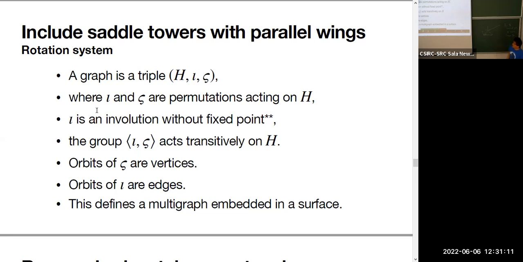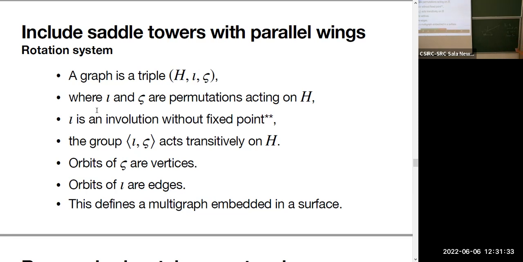So that's a technical detail. And then the group generated by iota and sigma should act transitively on the set of half edges. Transitively means that you can reach any half edge by applying these 2 permutations.